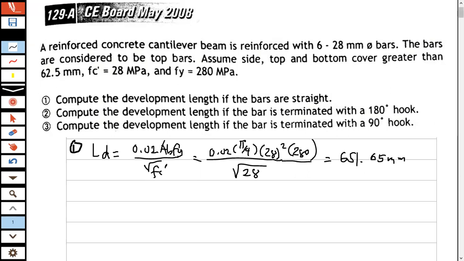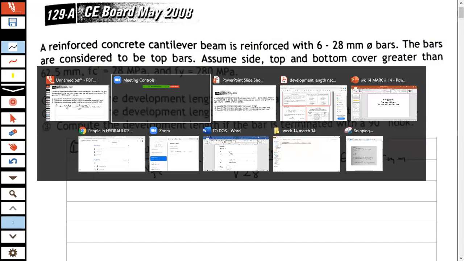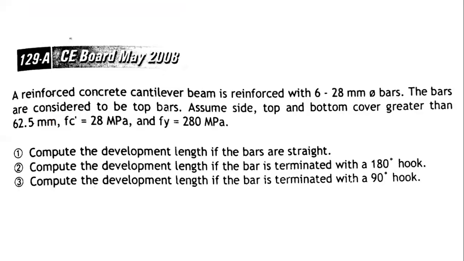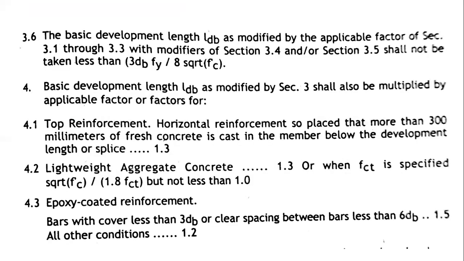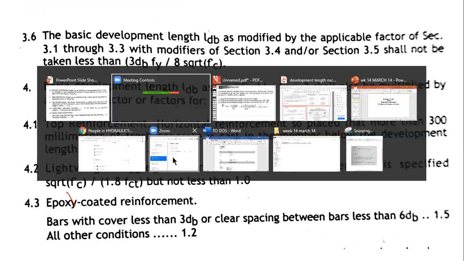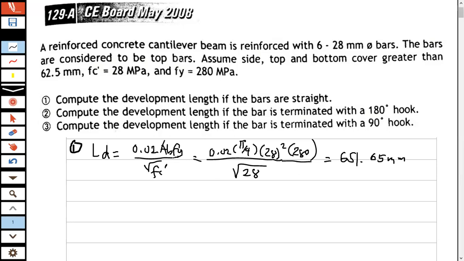Now, there is a factor of 1.3 for top bars. Okay, I'll show you kung saan yan. Okay, top reinforcement, this one. Top reinforcement multiply ng 1.3. Para sa mga top reinforcement, so we are going to multiply this by 1.3.